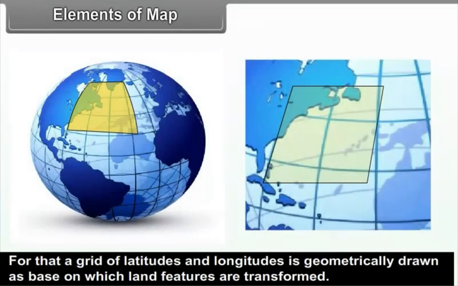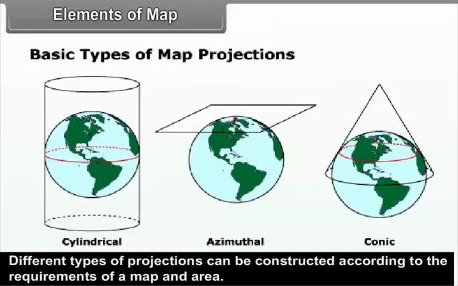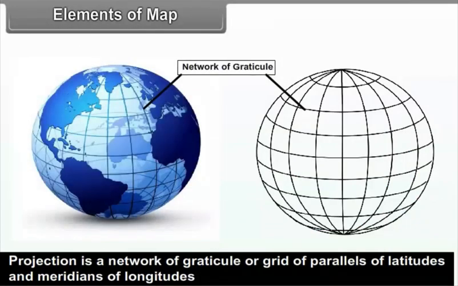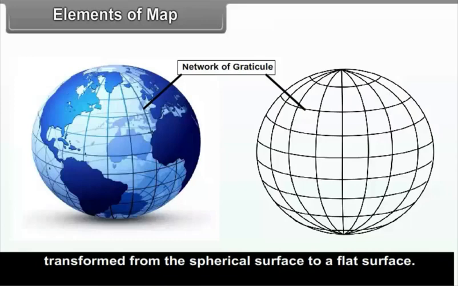For that, a grid of latitudes and longitudes is geometrically drawn as a base on which land features are transformed. Different types of projections can be constructed according to the requirements of a map and area. Projection is a network of graticule or grid of parallels of latitude and meridians of longitudes transformed from the spherical surface to a flat surface.